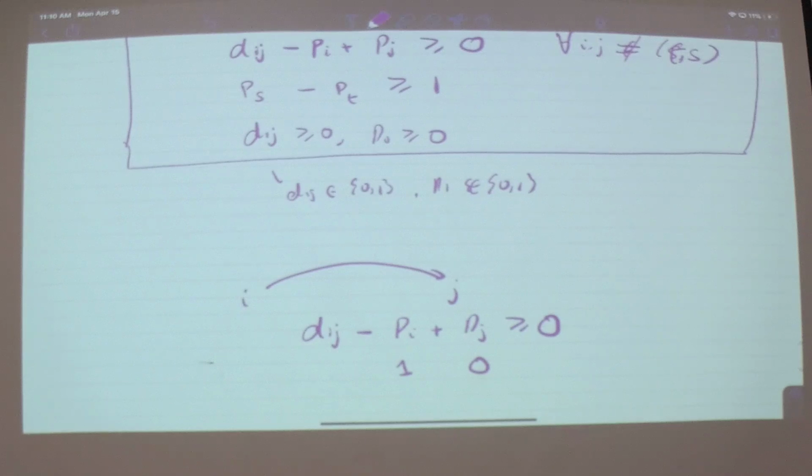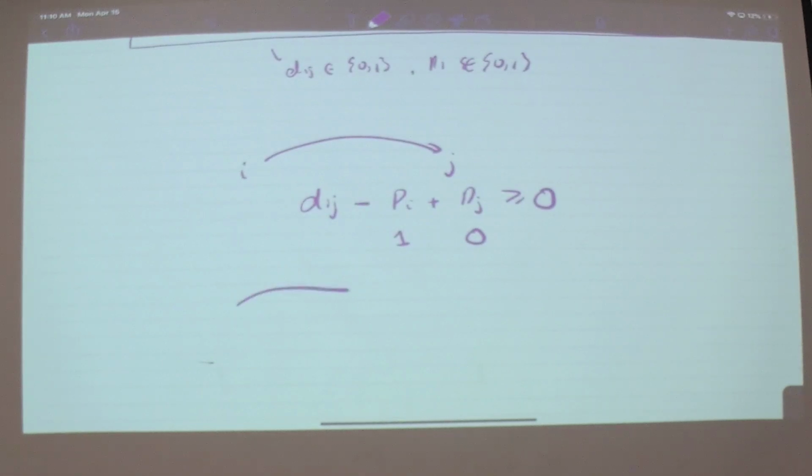So if we draw these examples here, we have i and j, this is 1, this is 0, and then this value must be 1. If it's 1, it contributes to that overall summation. So it sounds like what we're doing is assigning variables to be 1 or 0.